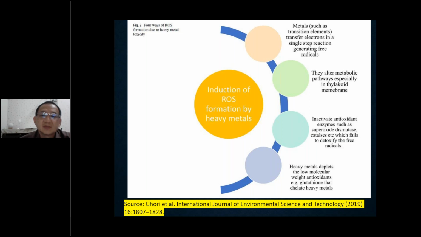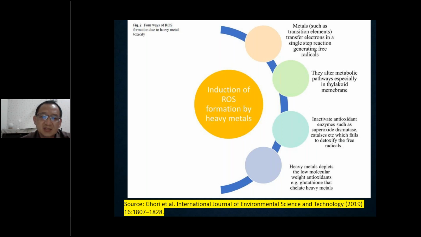Because ROS will make metals such as transition elements, in a single-step reaction, generate free radicals. Once these free radicals have been generated, they will disturb the normal metabolism of the cell in the plant. They will also alter the metabolic pathways, especially the thylakoid membrane.